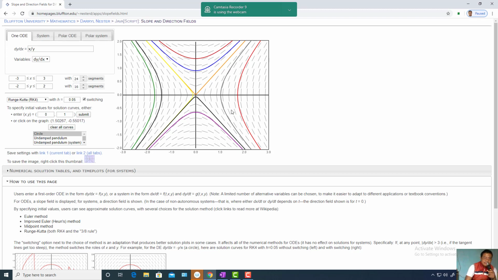You may not be able to see it correctly because it occupies only some space of the whole desktop. So let me tell you again, you just type in Google slope and direction field, and there is lots of online software. You can just click there, enter the value of the function and try to draw the vector field and the corresponding curve. Okay, so now let me close here.